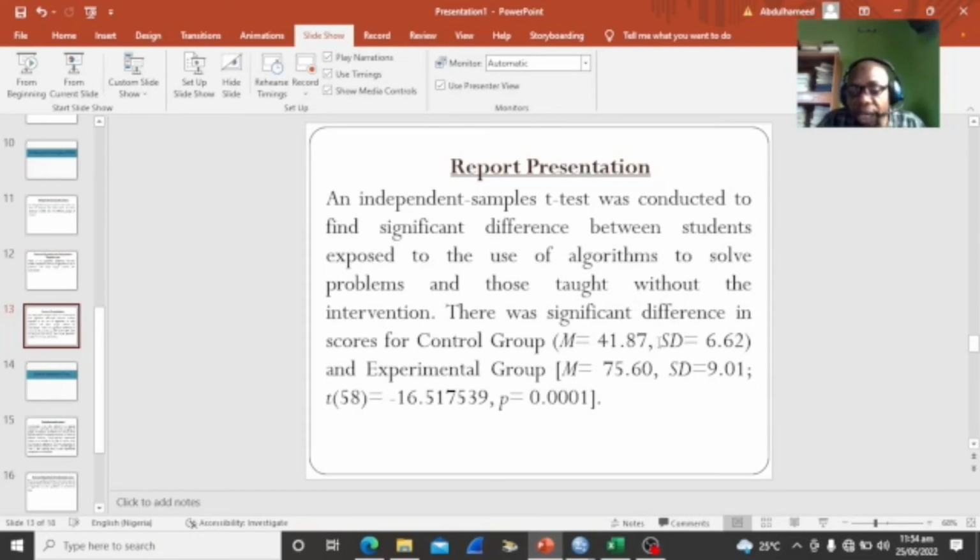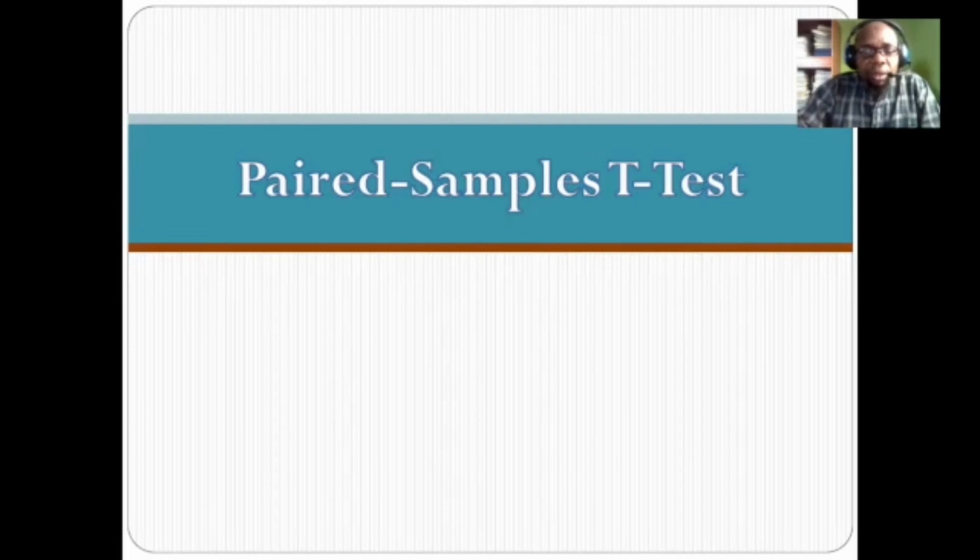This means that there is a difference, because you can see from the mean. The mean for the control group is 41, while the mean for the experimental group is 75 points. Then the value for the t-test is minus 16.517539.